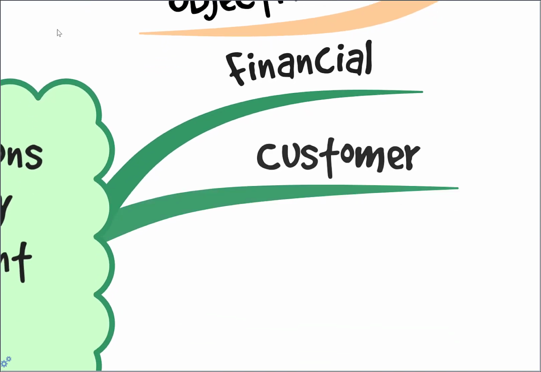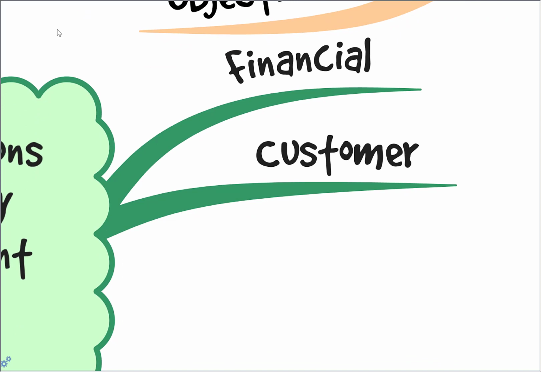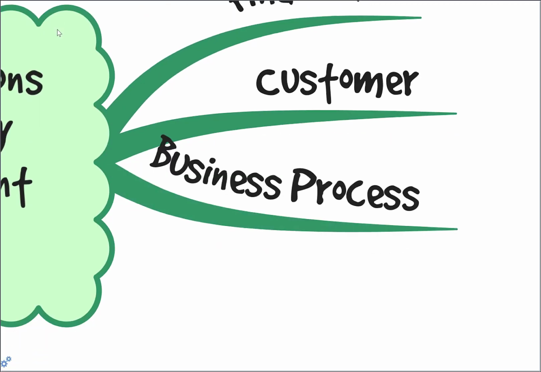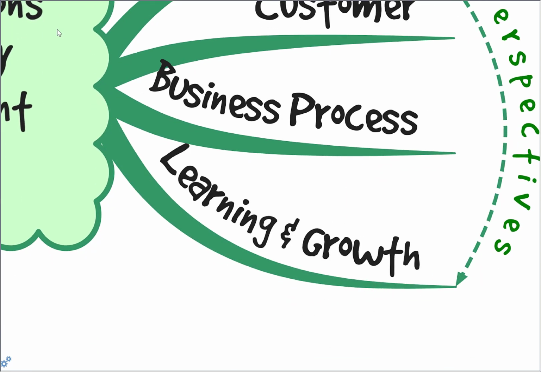Number two is the customer perspective: what would be the expectation of the individual customer? The third is the internal business process perspective. And finally, the learning and growth perspective, where the focus is on human resources.